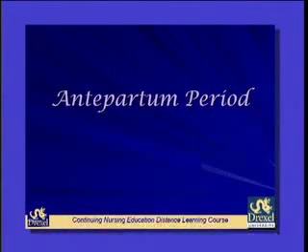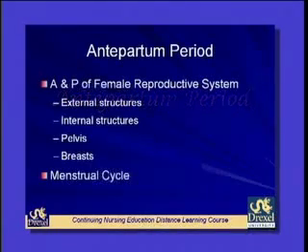With regards to the antepartum period, the first thing I want to go over a little bit is just the female reproductive system, anatomy and physiology. Again, in your book on page 536, you're going to see an anatomical diagram of the external structures. On page 537 are the internal structures. I know you have had these before several times, so I'm not going to go in depth with them.